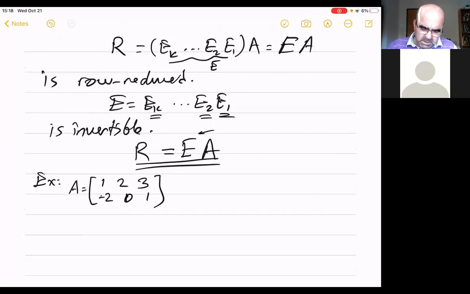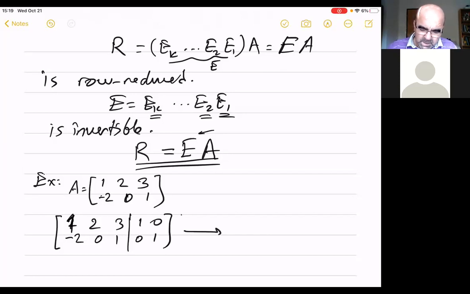So A is 1, 2, 3, -2, 0, 1. This is not a square matrix, so it is not invertible. Only square matrices are invertible, of course. So let's put the identity matrix here.